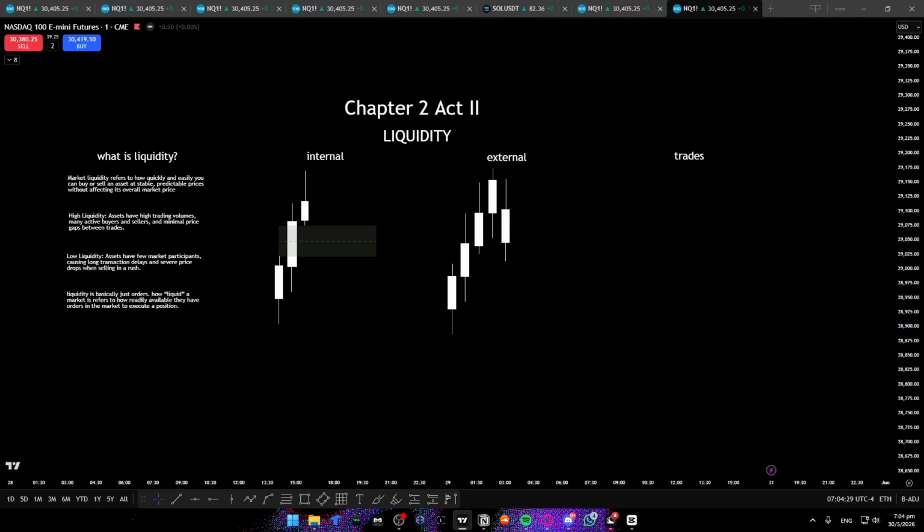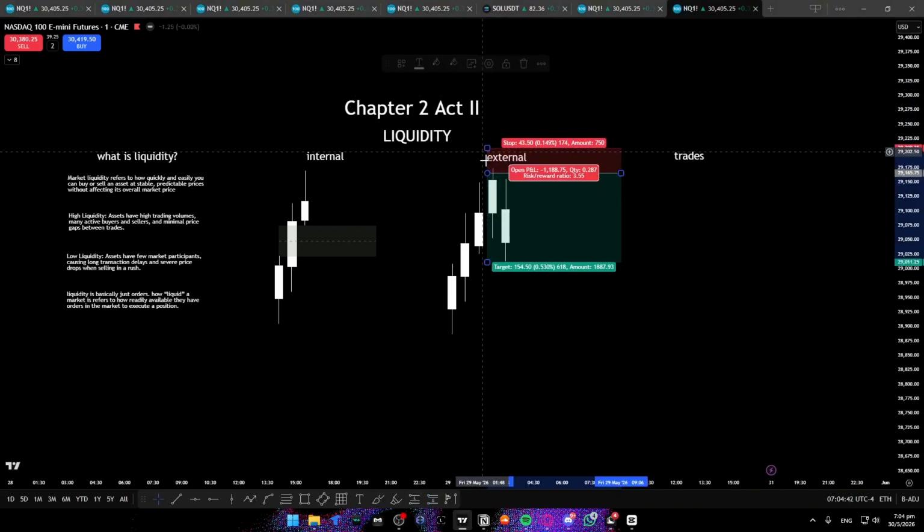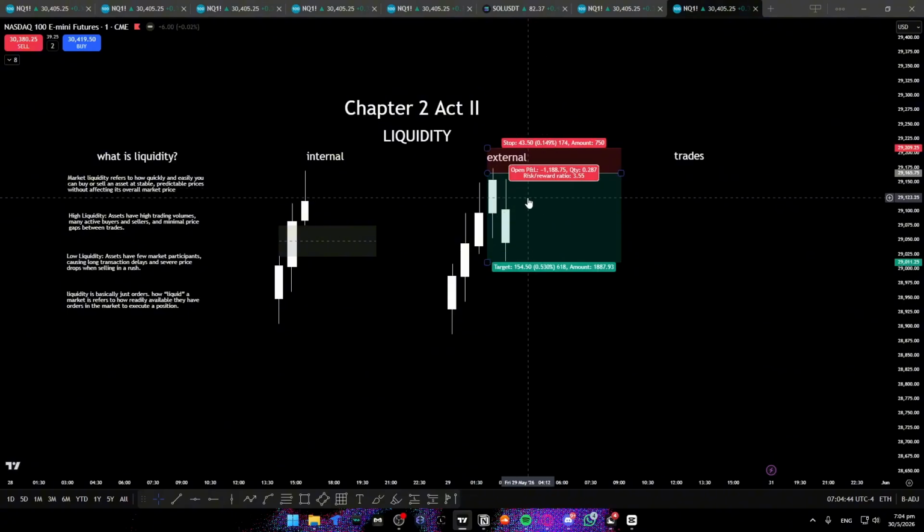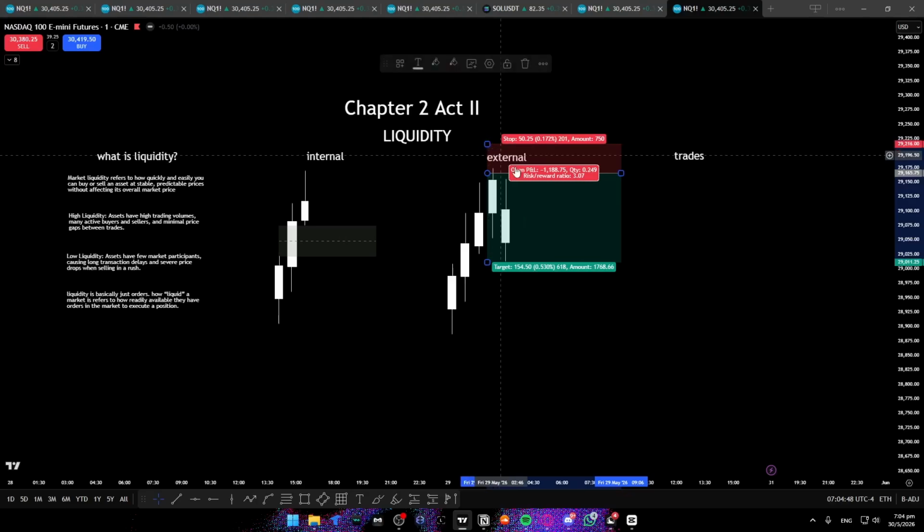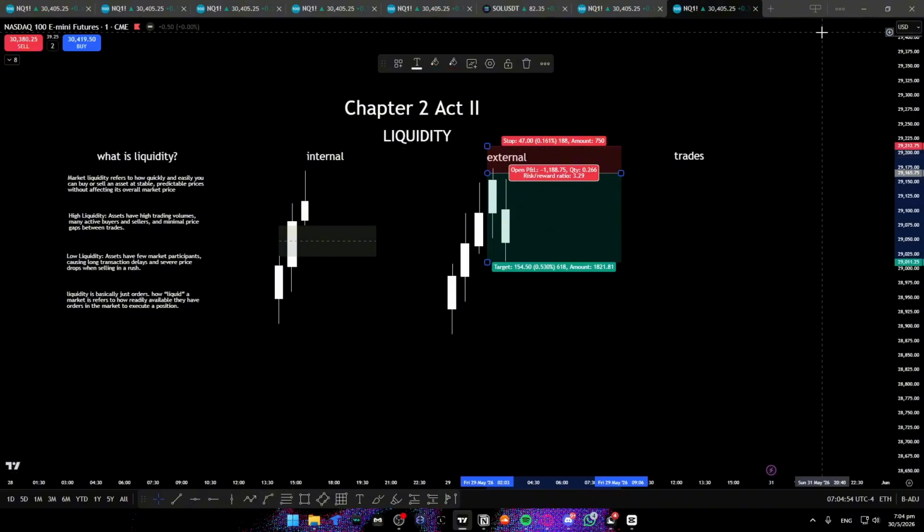Now, getting into why we call this liquidity, because if you think about it, there are people that shorted here, that's why the market moved down. So there are people that shorted here, and they're going to put their stop loss above here, right? Of course, there's going to be a stop loss right here. Let me just show you right here.